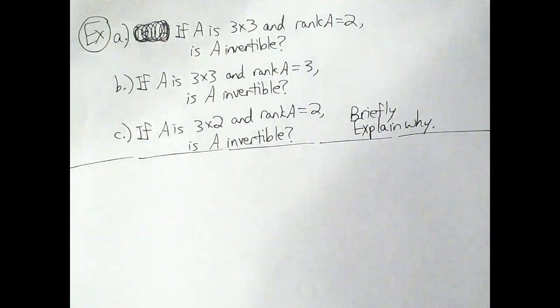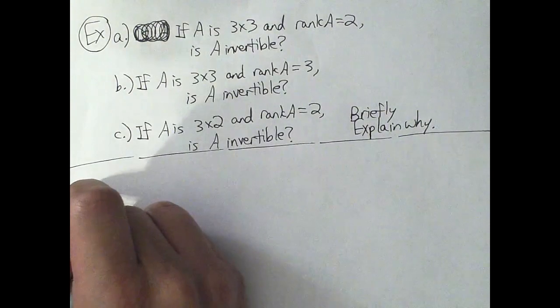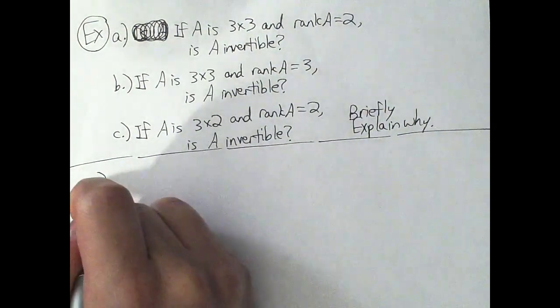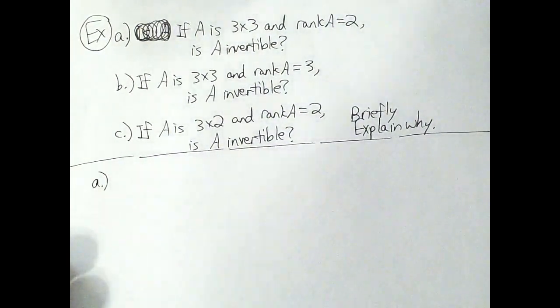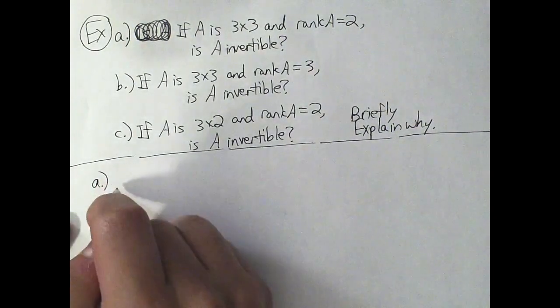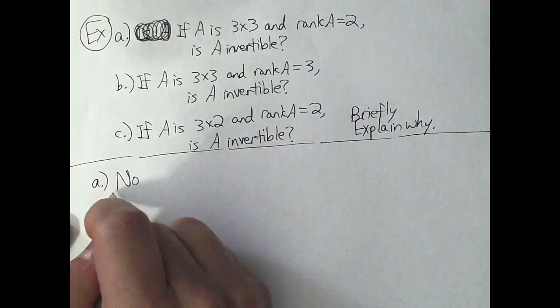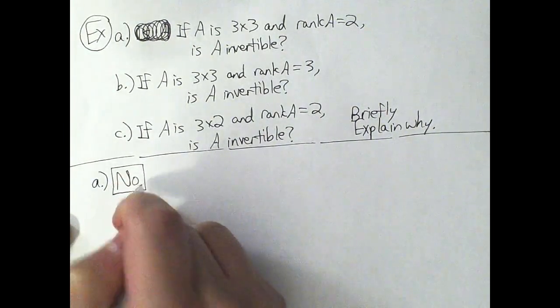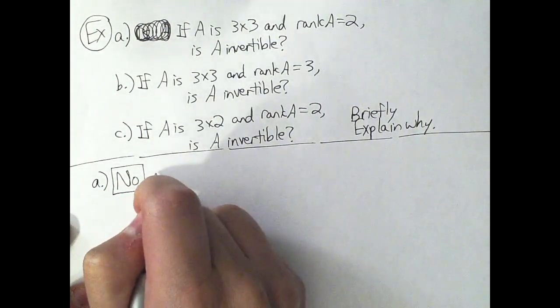So these are just yes or no questions, but I think we can give a brief explanation of why it's yes or why it's no. For part A, 3 by 3 matrix, the rank of A is 2. I am going to say no, A is not invertible. My reason?